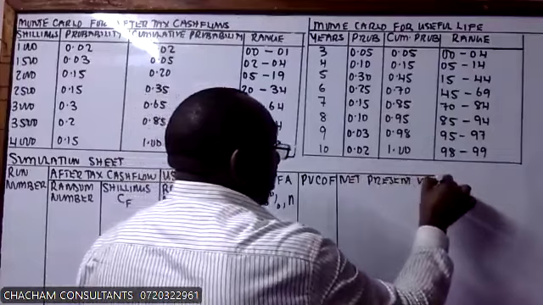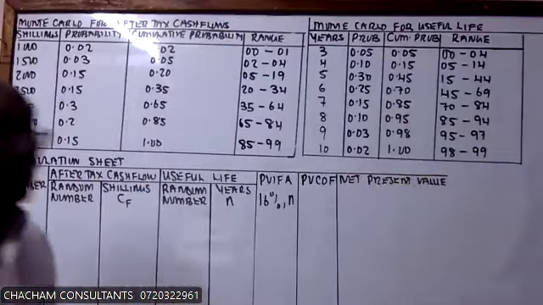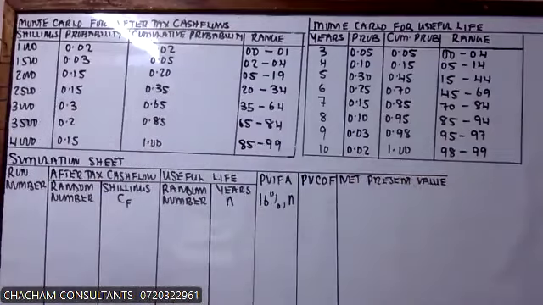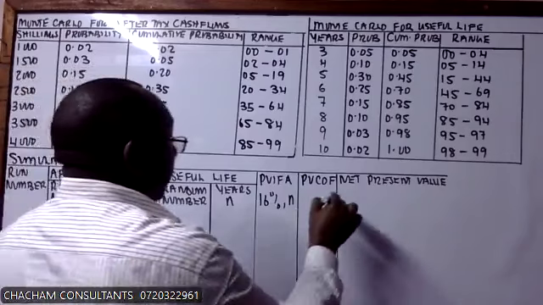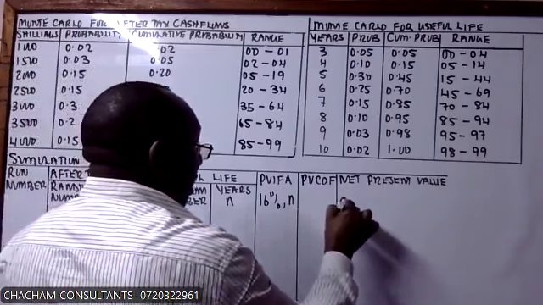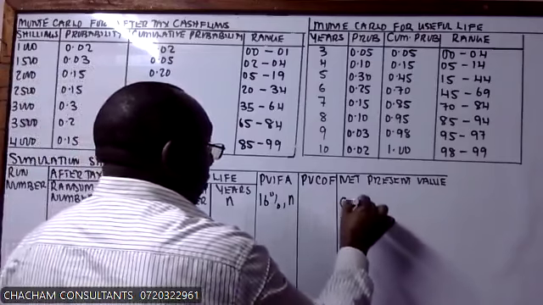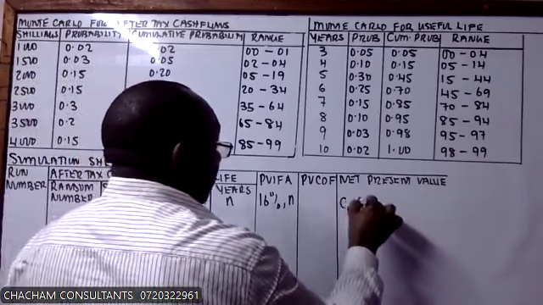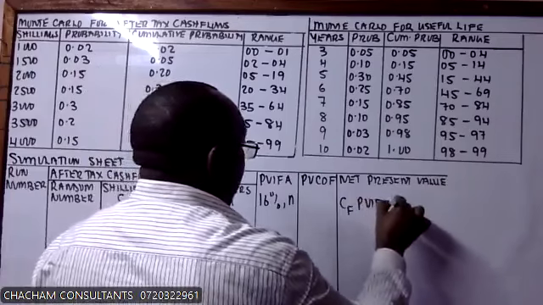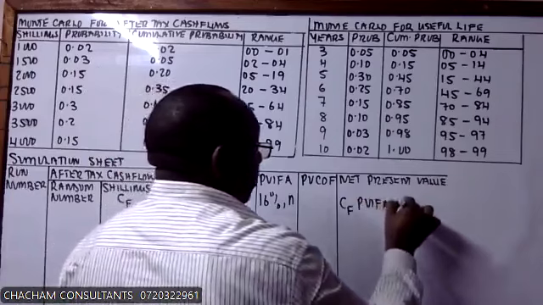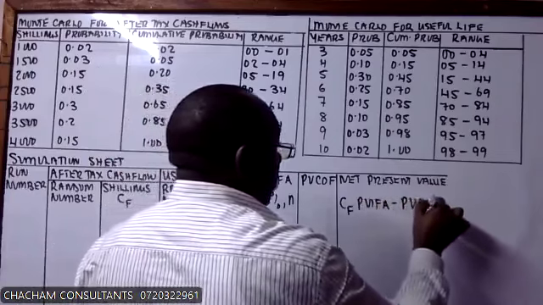Some people will call it the expected NPV. So this expected NPV will be given as our cash flow CF multiplied by PVIFA, minus the PVCOF.